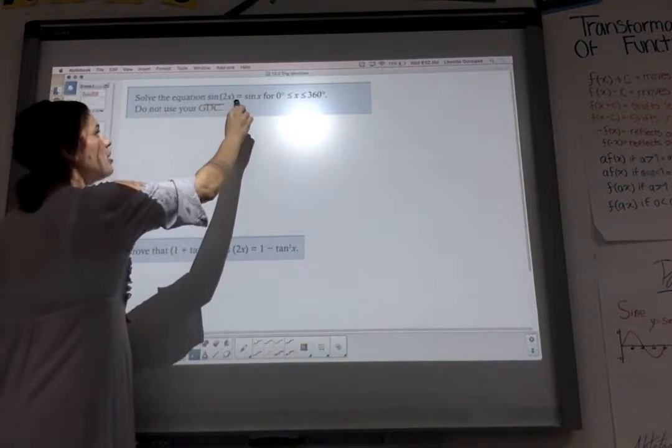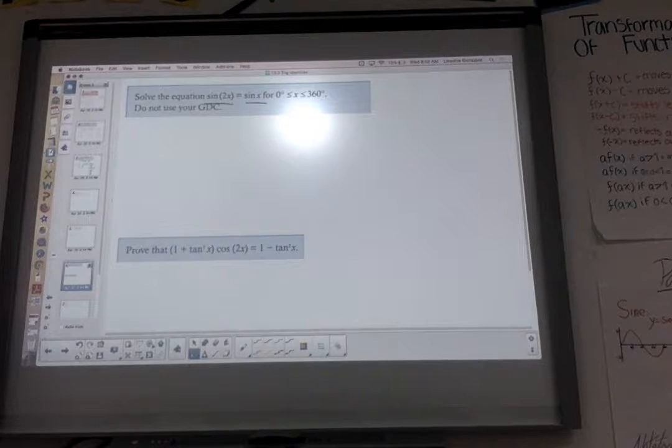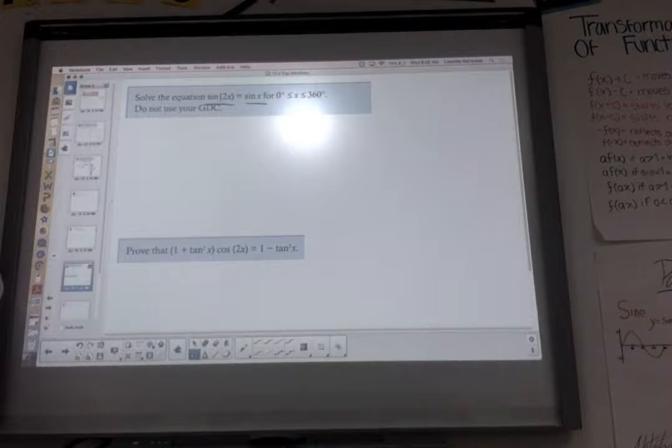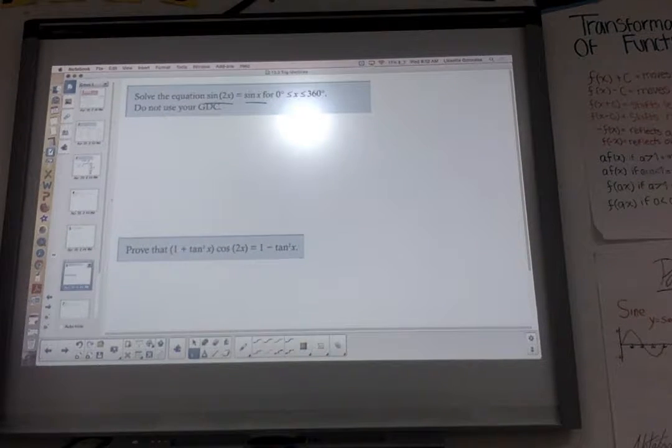Alright guys. So look at this trig equation. You have one sine with a 2x and you have the other sine with an x. That's like having two unlike terms.